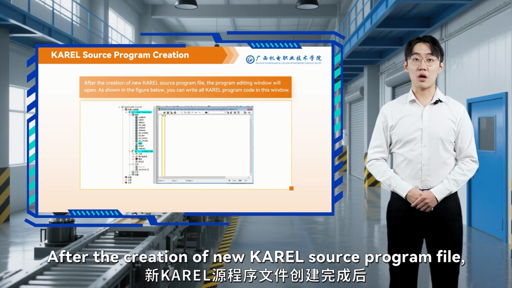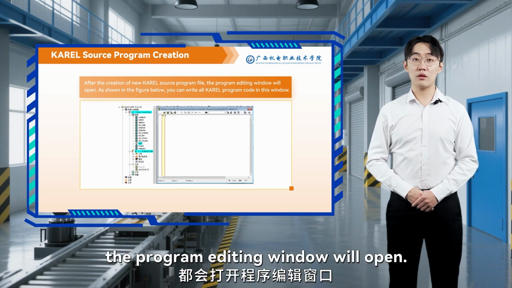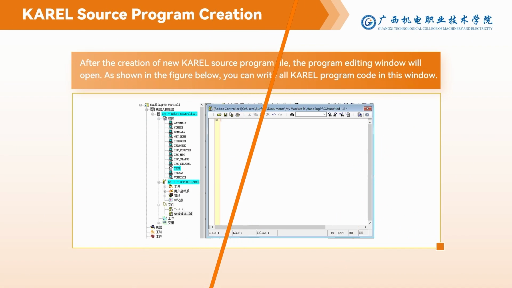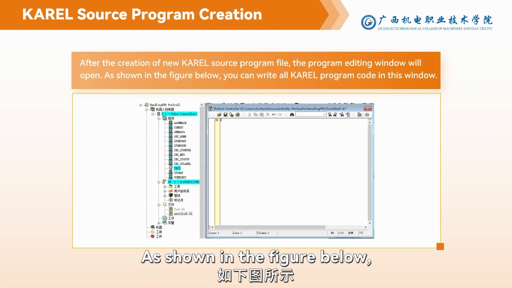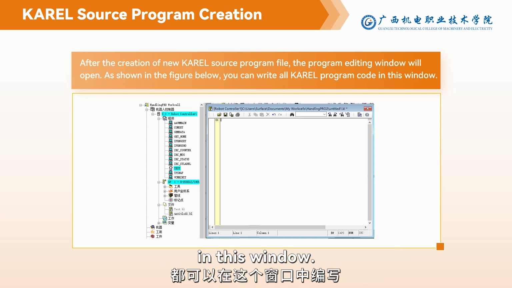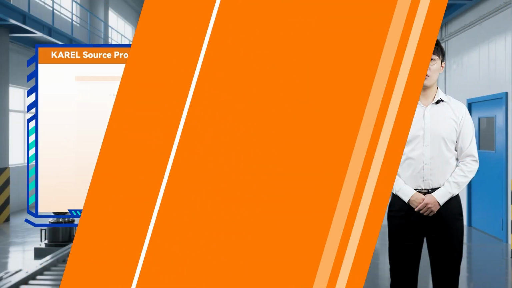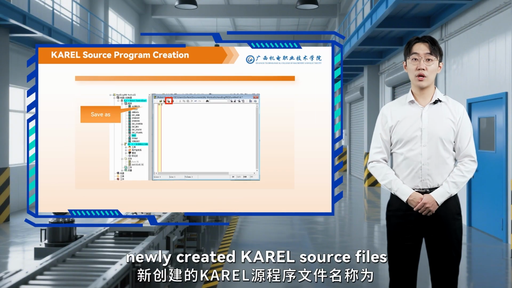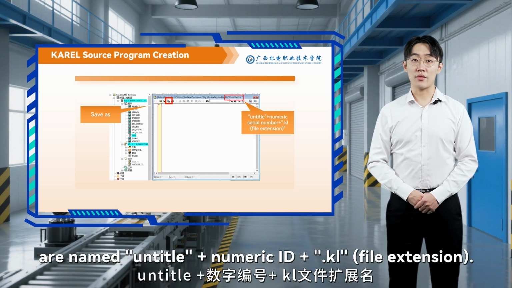After the creation of the new KAREL source program file, the program editing window will open. As shown in the figure below, you can read all KAREL program code in this window. By default, newly created KAREL source files are named Untitled with a numerical ID and .KL.